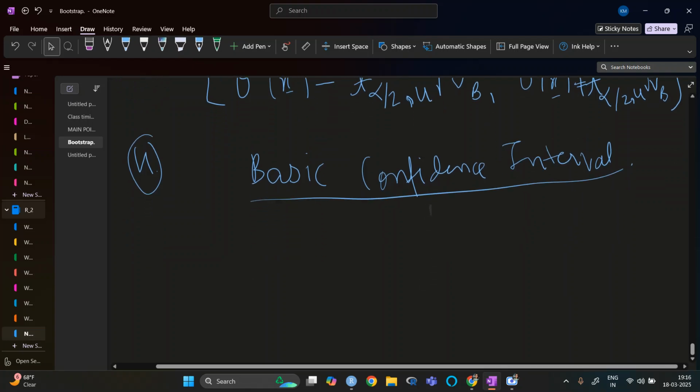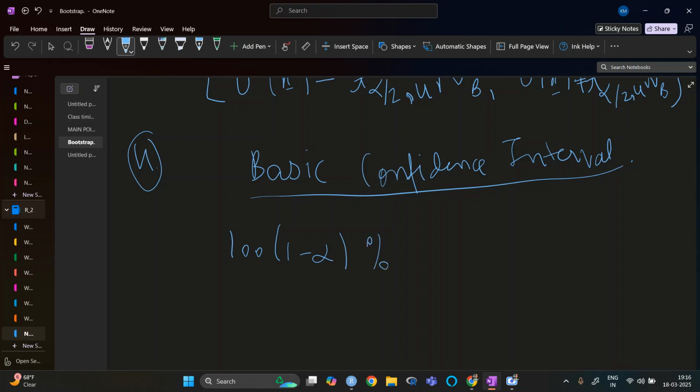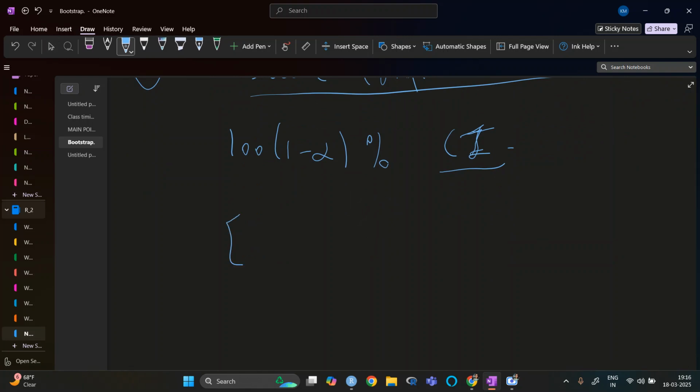Here the proof is not given, it has just said that the 1 minus alpha confidence interval, where alpha is 0.05 or 0.25 based on need, is 2 t naught minus tau 1 minus alpha by 2, comma, 2 t naught minus tau alpha by 2.